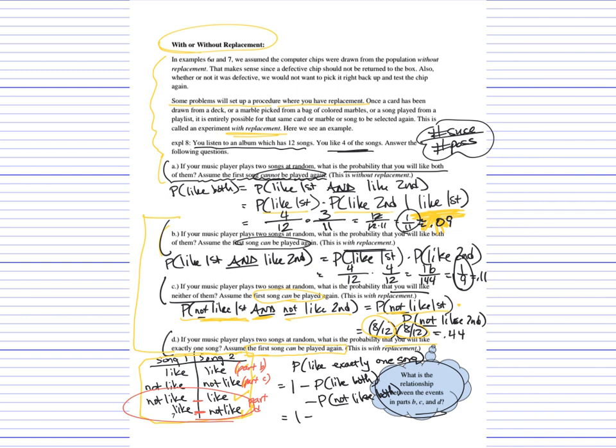Which is 1 minus the probability that I like both, which was that 0.11 that we found in part B, minus 0.44 that we found in part C, which makes 0.45, it looks like. That is the probability that I like exactly one song.